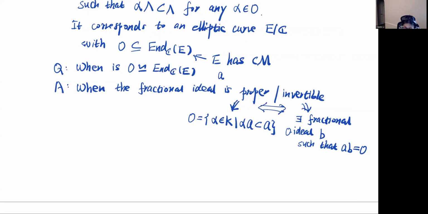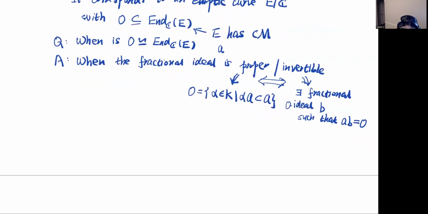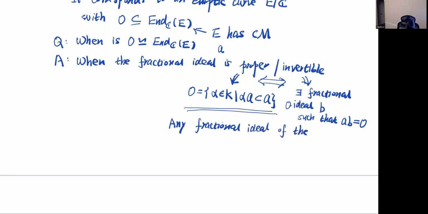Also, as you can see from the definition, proper guarantees that the endomorphism ring is not bigger than O. So this tells you that any fractional ideal of the maximal order is automatically proper.